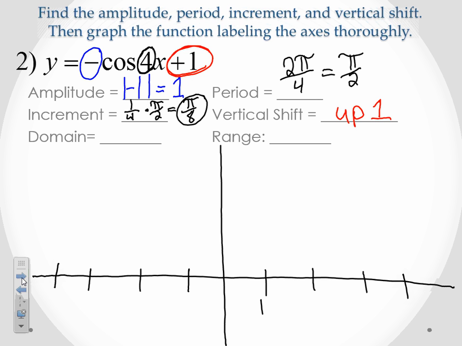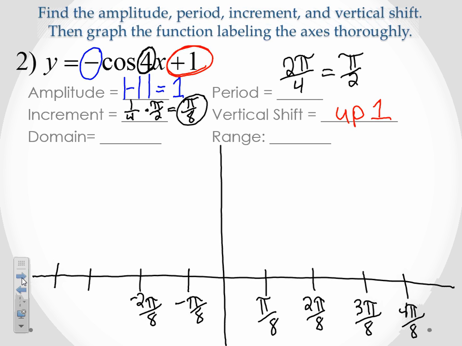So I have pi over 8, 2 pi over 8, 3 pi over 8, 4 pi over 8. Now when I go to the left, it's just going to be the same thing but negative. So I have negative pi over 8, negative 2 pi over 8, negative 3 pi over 8, and negative 4 pi over 8.